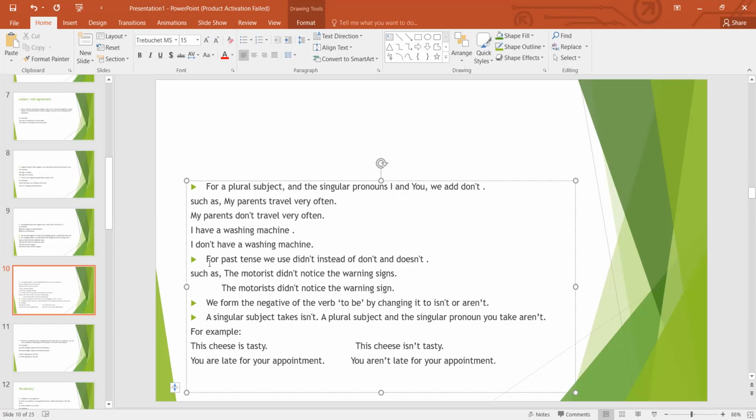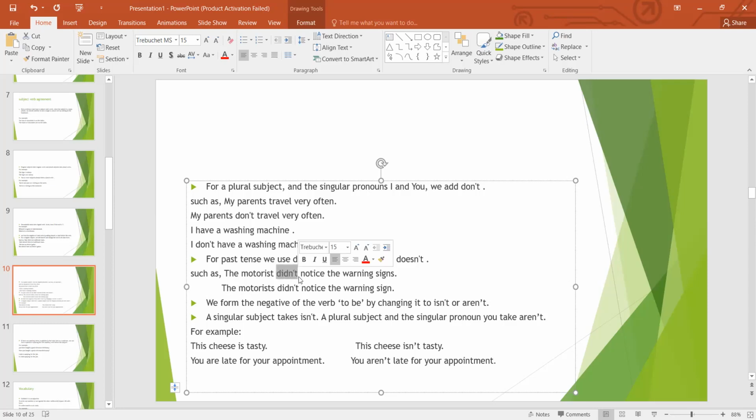Next item. For past tense, we use didn't instead of don't and doesn't. When we talk about the present, we use don't and doesn't. But when we talk about past time, we use didn't instead of don't or doesn't, such as the motorist didn't notice the warning signs, right?